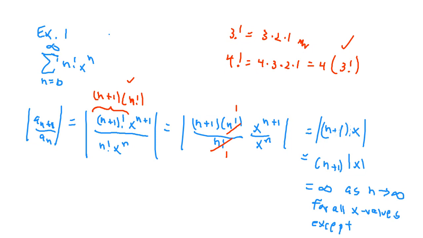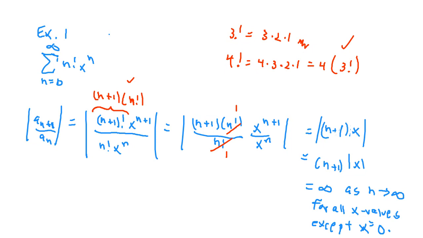It'll equal infinity as n goes to infinity for all x values except x equals what? What one x value would this, yeah, 0. Except x equals 0.